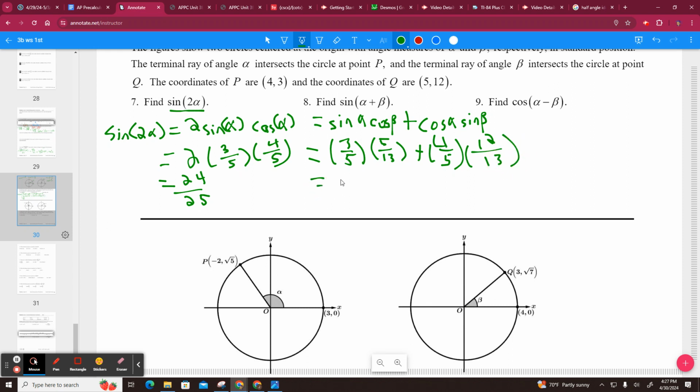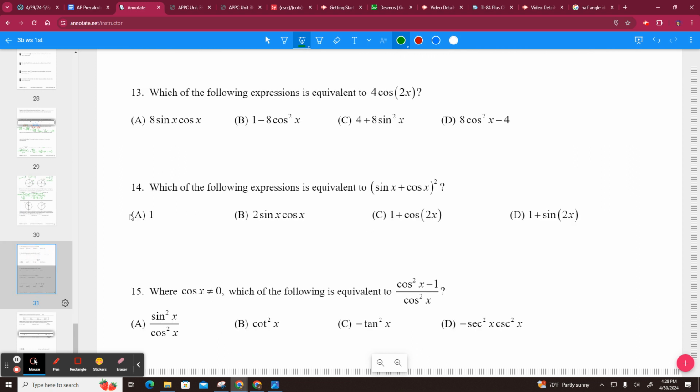So it gives me 15 over 5 times 13 is 65 plus 48 over 65, which simplifies to 63 over 65. Okay.